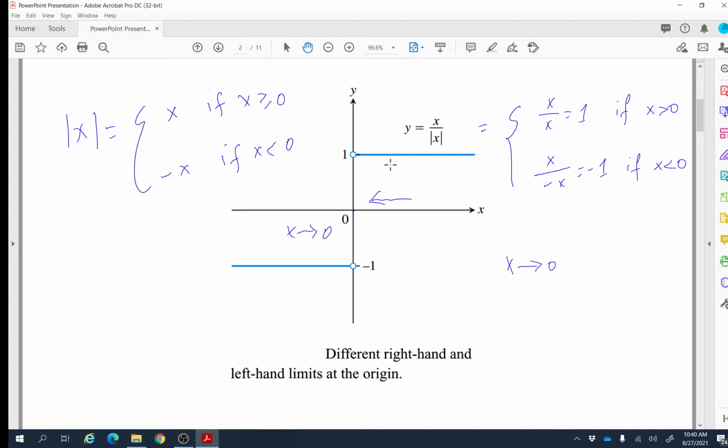So it has different limits. Limits mean the value of the function when x approaches 0 from the left side and from the right side. It has two different values. Okay, so different right-hand and left-hand limits at the origin.